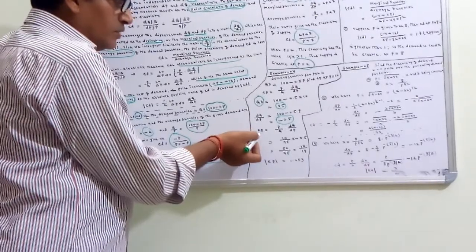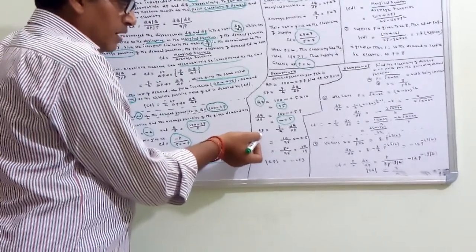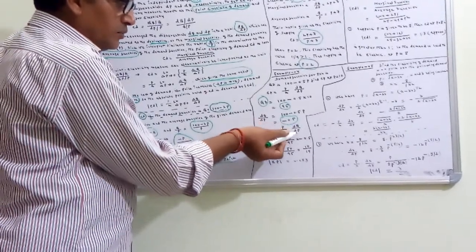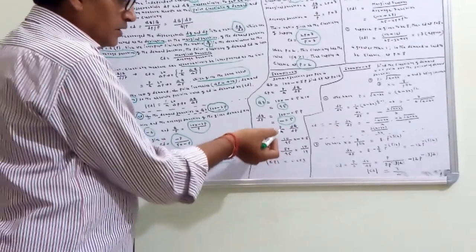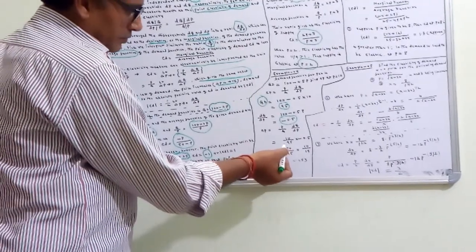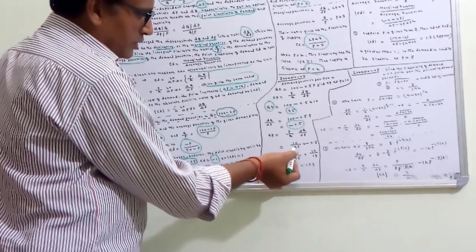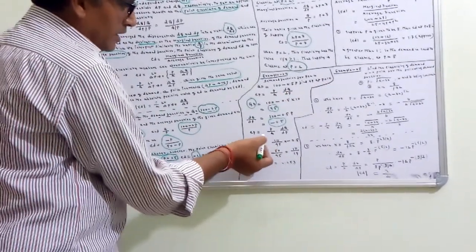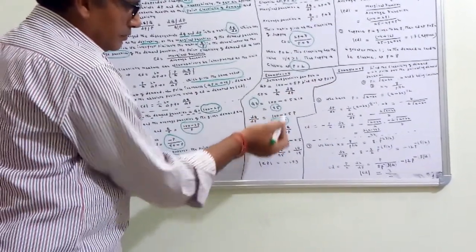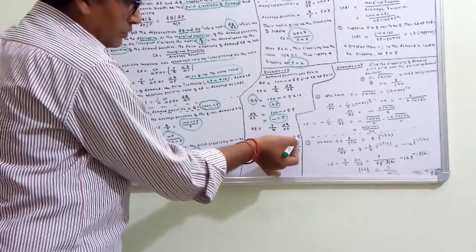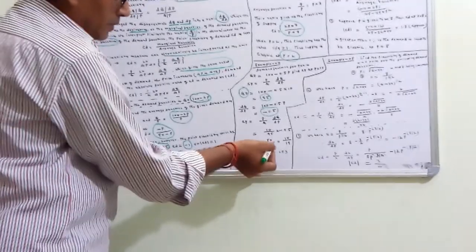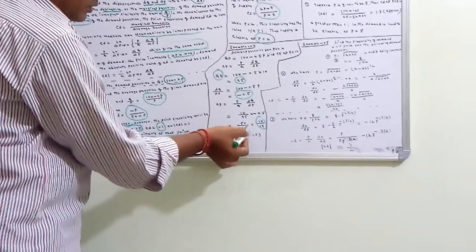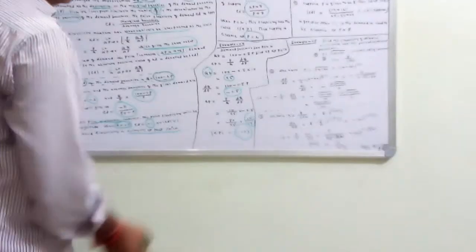By definition we know that price elasticity of demand is P by Q into differentiation of Q with respect to P. Now putting all the values in the formula, P here is 10, Q here is 95, minus 0.5. After solving this, we get, in modulus form, 0.053.